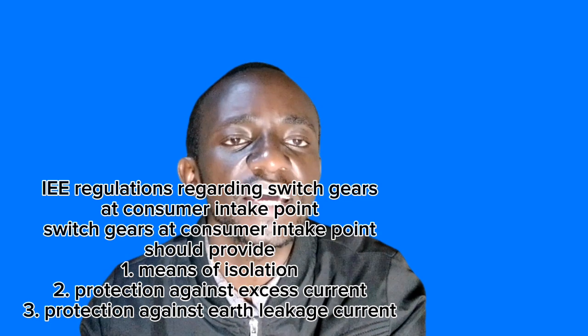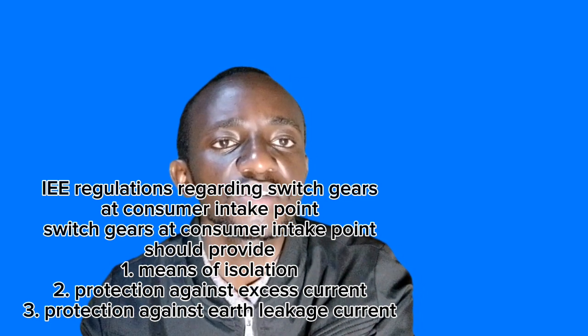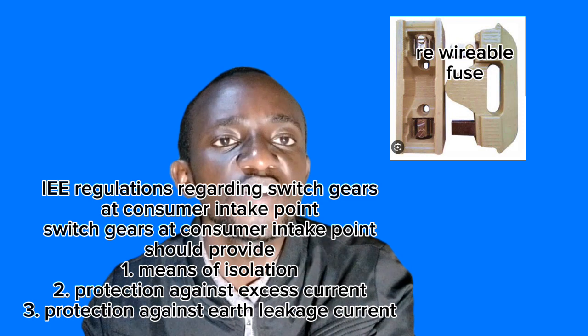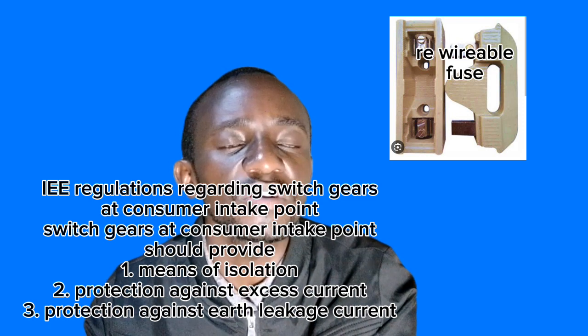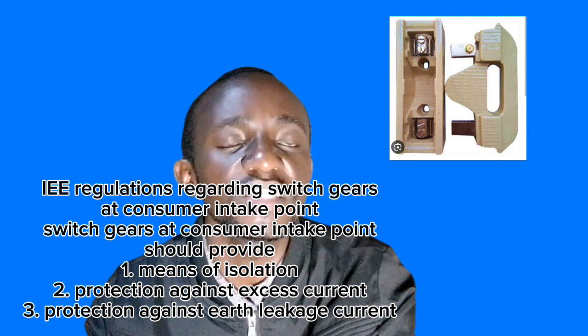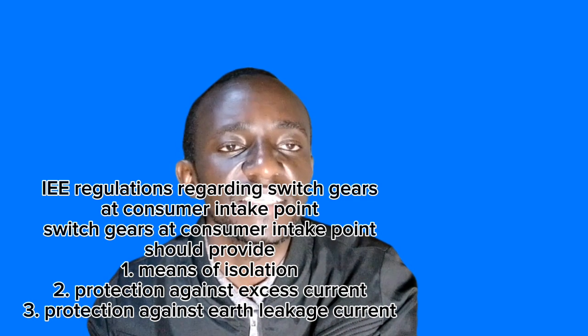When you go to the distribution board, where we have fuses or circuit breakers, if you are using fuses as your control gears, you should make sure that they are reliable fuses which can be plugged out when need arises.